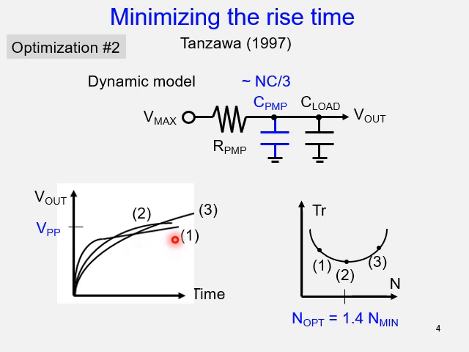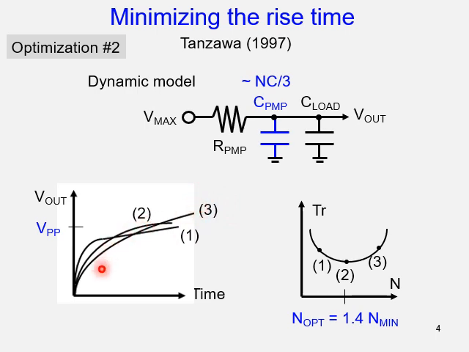Again, with small n but large C, the output voltage goes up rapidly, quickly, but the saturation is a little lower, like this.